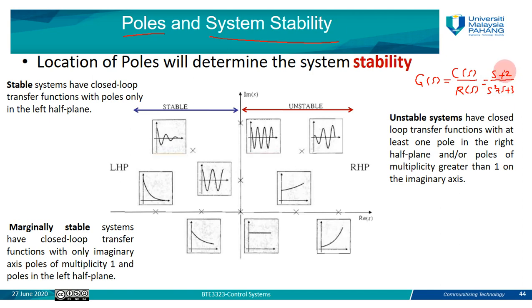So it consists of a numerator and a denominator. The numerator is responsible for generating the zeros, which make your transfer function equal to 0, and the denominator is responsible for generating the poles. And the poles are what we are going to talk about now, used to determine the system stability.